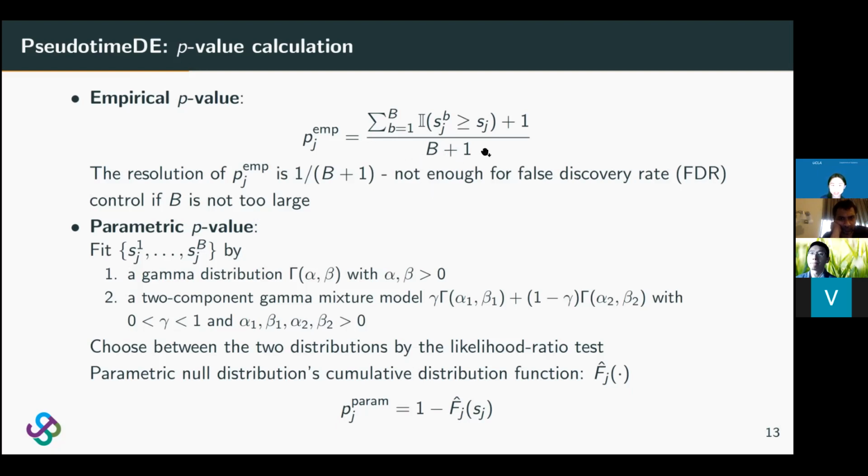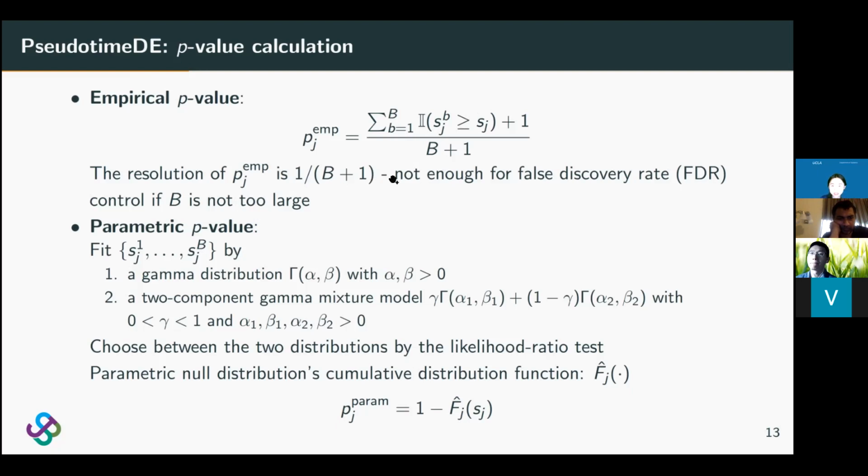So you can see that there's an issue with this resolution. Let's think about it: the smallest p-value we can get out of it is 1 over B plus 1.